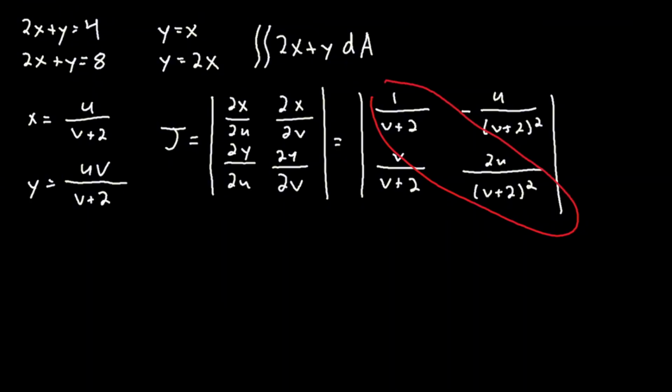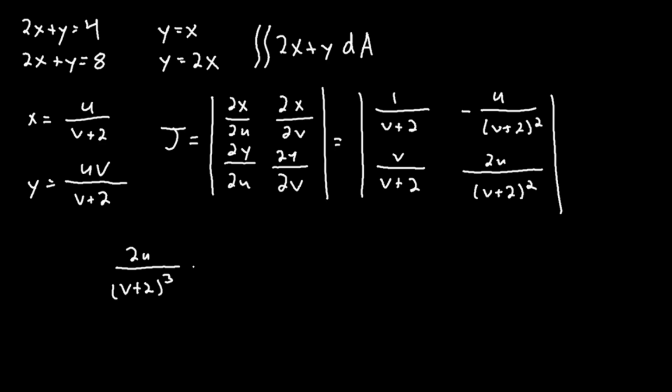So we multiply across, and when you multiply that, you get 2u over v plus 2 cubed. Next, we subtract and multiply the other cross, and we get uv over v plus 2 cubed.